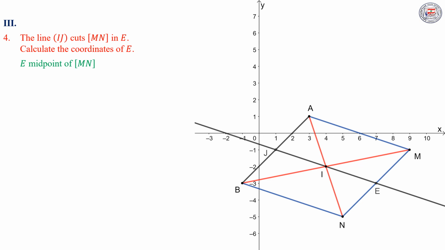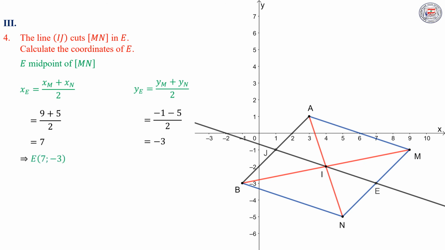So if we need to calculate the coordinates of E, we have xE equals (xM plus xN) over 2 equals (9 plus 5) over 2 equals 7. And yE equals (yM plus yN) over 2 equals (minus 1 minus 5) over 2 equals minus 3. Then the coordinates of E are (7, -3).